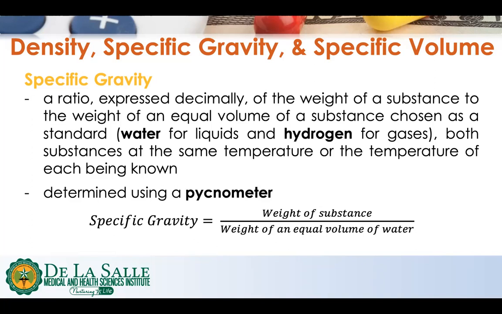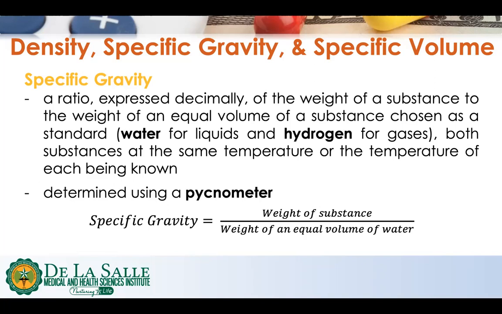Unlike density, specific gravity is an abstract number, meaning to say the specific gravity is unitless. While both specific gravity and density are physical constants, it is only specific gravity whose numerical value does not change at a specified temperature or at a specified condition.